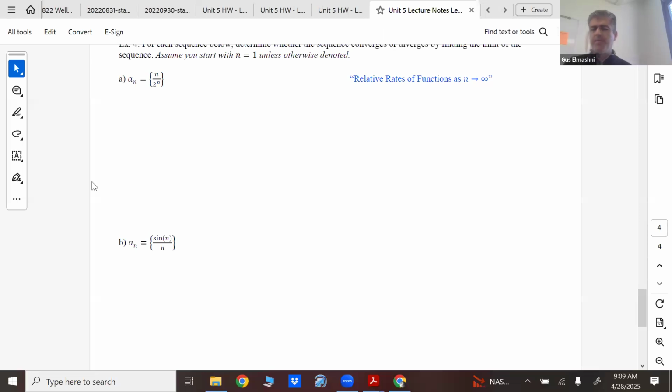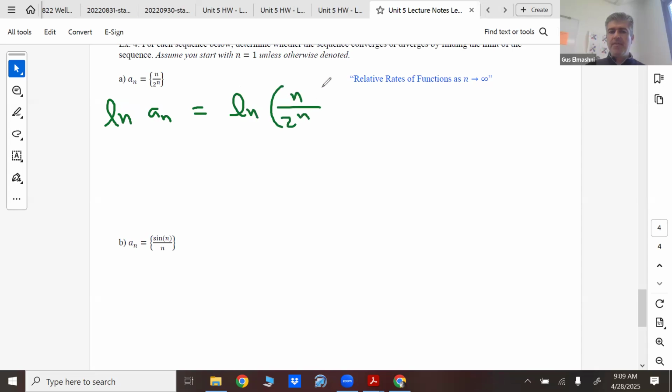I think what we're going to do, if I'm not mistaken, is take the natural log of both sides. Why? Just wait. You guys remember your log properties?